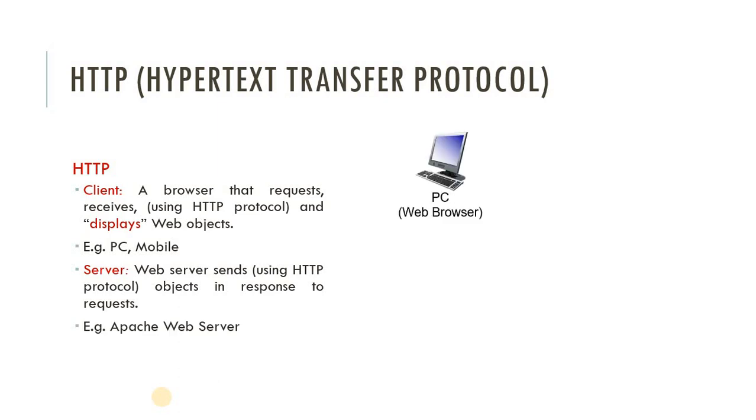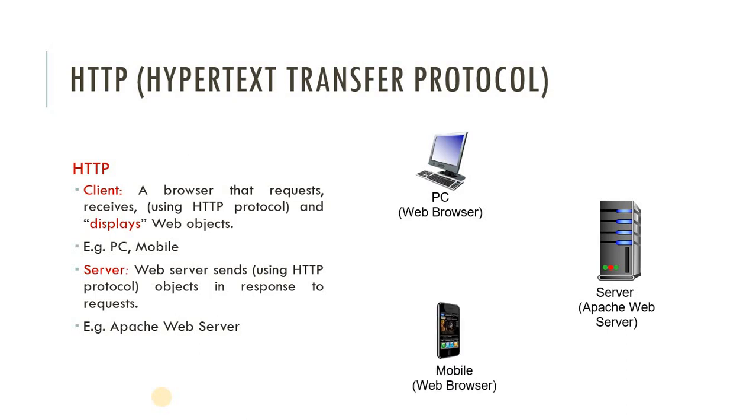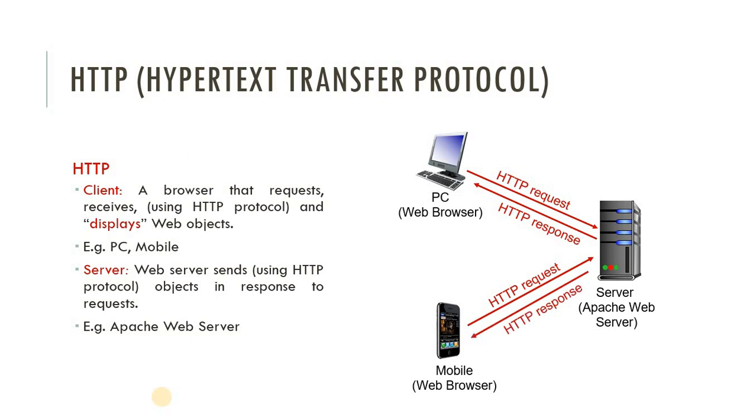Suppose this is a web browser, this is a web server, and this is another web browser on a phone. One client requests content with the help of the HTTP protocol, so it is called the HTTP request, and the server gives a response to that client. At the same time, when another client requests content, the server gives the response to that client too. That happens simultaneously.